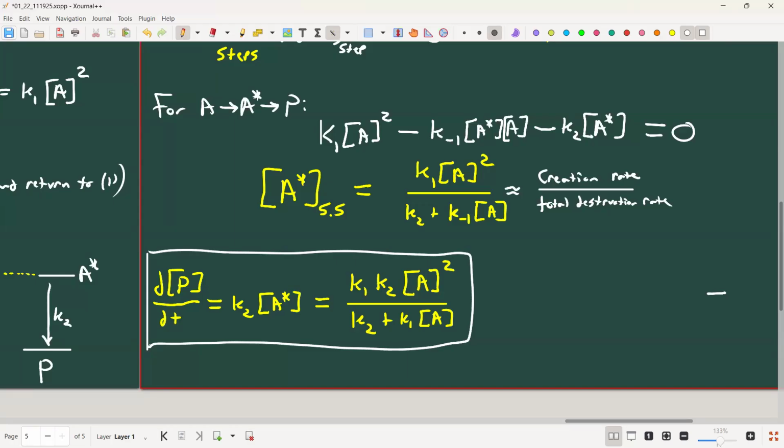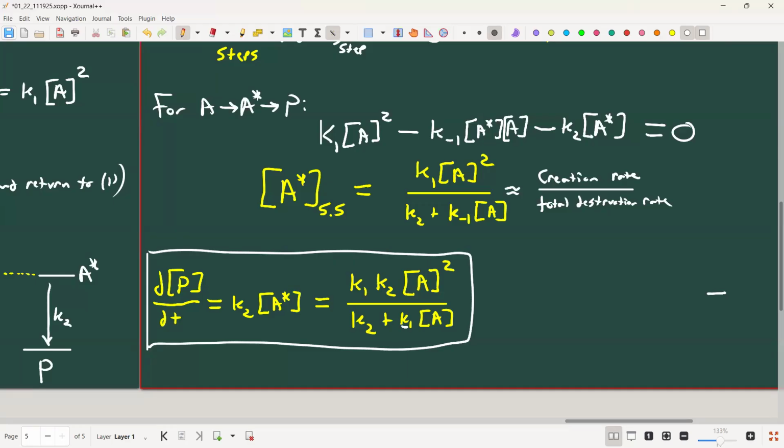Let's look at the two limits. We have two terms down here that are competing with each other. K2, which is the reaction rate, and K minus 1, sorry, the reverse rate, are competing with each other. This is the destruction of A star back to A, the backwards rate, and this is the forwards rate.